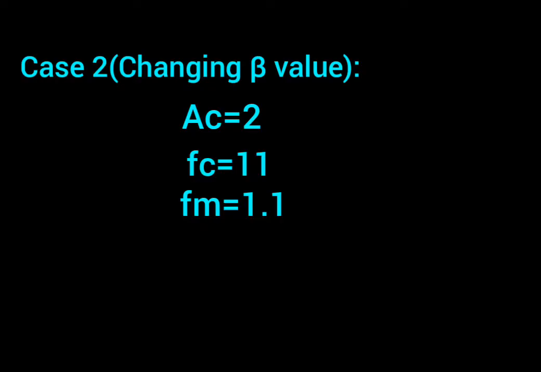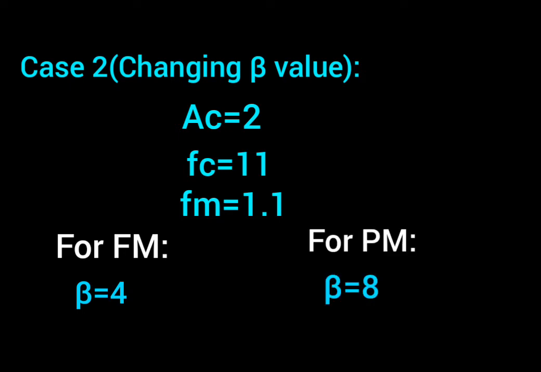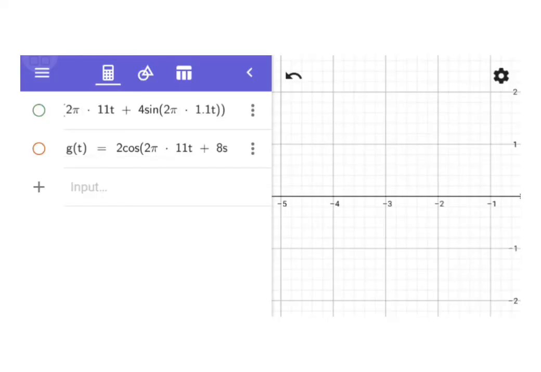In case 2, by keeping Fc, Fm as constant and changing beta equal to 4 for frequency modulation and beta equal to 8 for phase modulation, let us analyze the wave characteristics. By substituting the beta value equal to 4 in the Fm equation, we get the wave look like this.